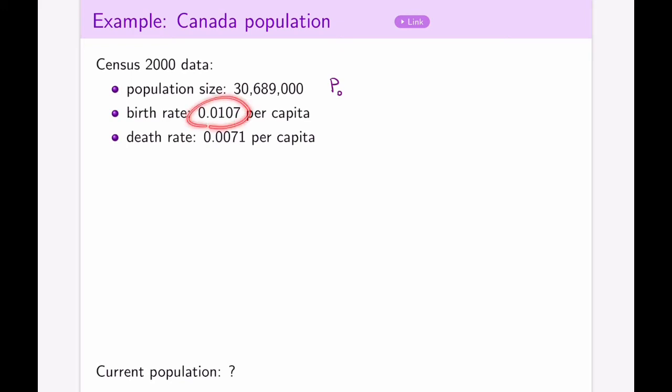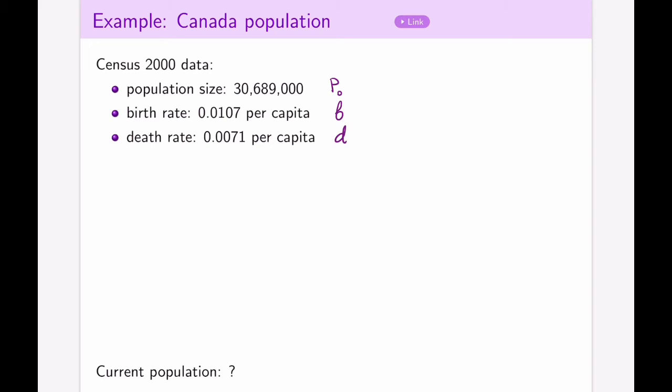Birth rate is 0.0106 per capita. We often see these as statistics, and per capita means that it actually is the birth rate. So this is exactly what our constant b from the previous slide is. The death rate, 0.0071 per capita, so on average per person, is again, because it's per person, already the rate of deaths.